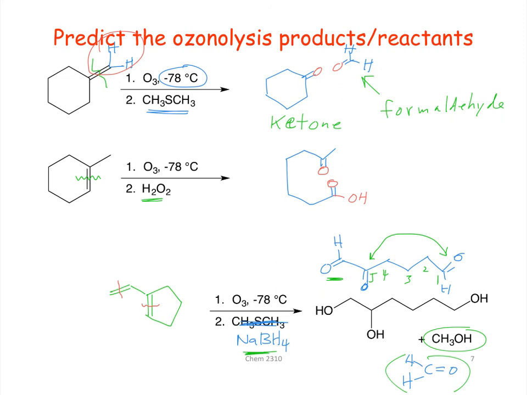Alright, so we have one other possibility. What if this carbon was connected to this carbon over here? Okay, so that goes over to 6. So in this case, we'd have a 6-membered ring. Right? And we'd have to have a double bond in that 6-membered ring, but then within the ring, we'd have this oxygen. And that oxygen would be connected to the formaldehyde.